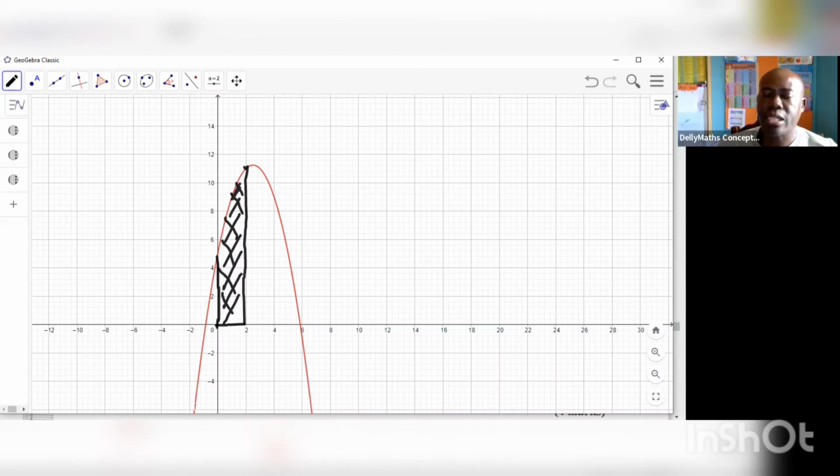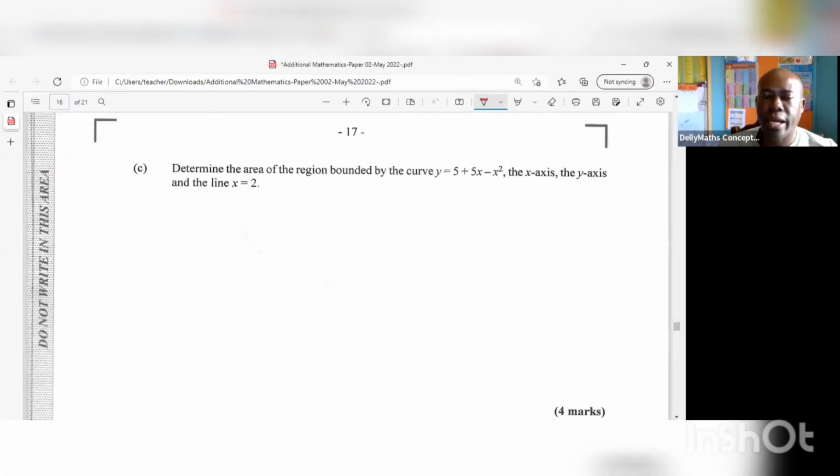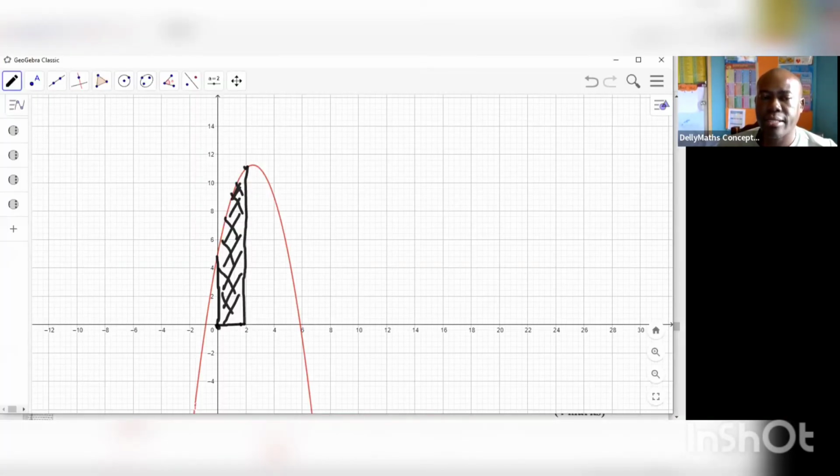So we're going to take the integral from 0 to 2 as our interval. We'll take the integral of that red curve, because this is 5 plus 5x minus x squared.